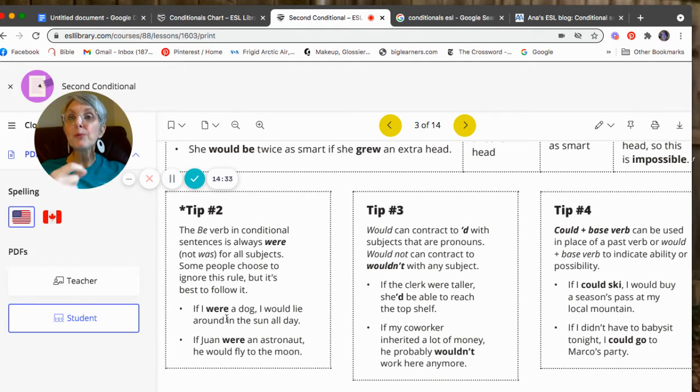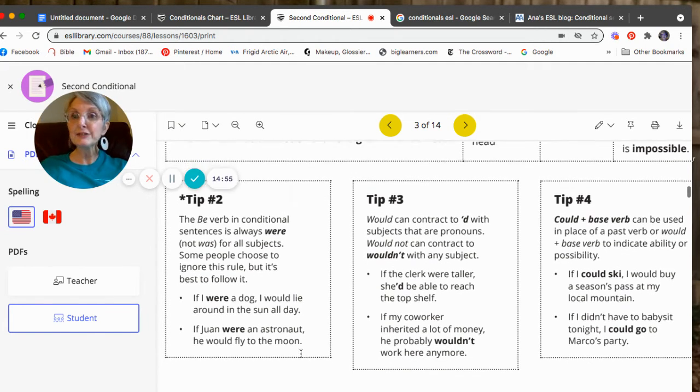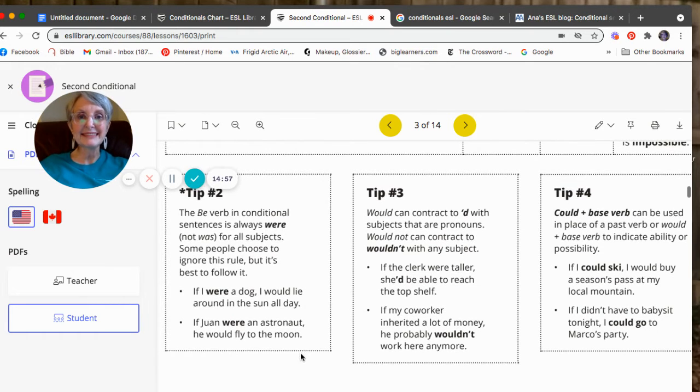So they say, if I were a dog, instead of saying if I was a dog. So if Juan were an astronaut, he would fly to the moon. So they are just saying that this is common to use were, even though we don't actually use those in other sentences. We would say was. But in this case, it's fine to use were. It's very common.